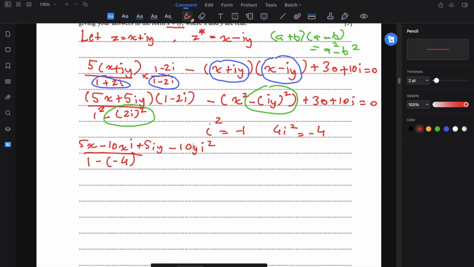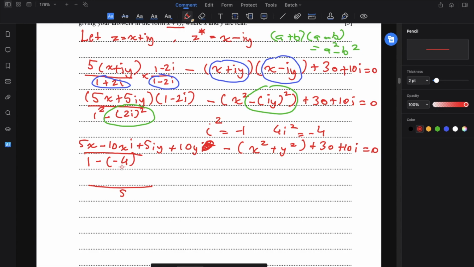Since there is an i square here also, this becomes plus, and we cross out the i square. And then we have x square, and y square i square, so it becomes x square plus y square, plus 30 plus 10i is equal to 0. So now let's try to take out this fraction.